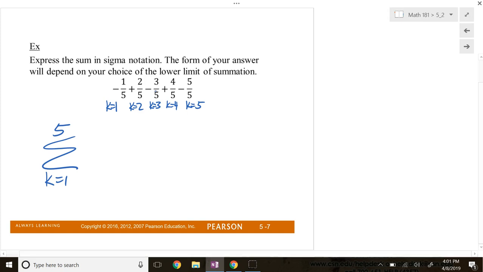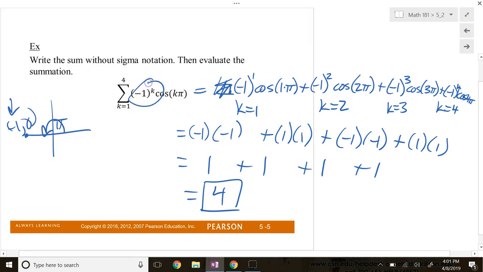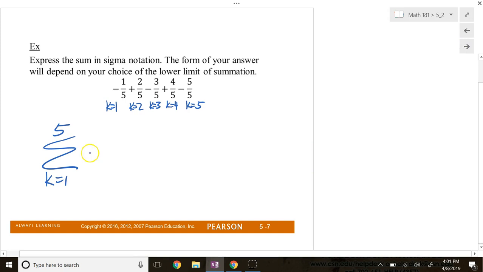So how do you get that thing to alternate? Well, it's kind of like this last one. This part will get it to alternate, the negative 1 to the k. The question is, if you want it to start out negative, you're going to have negative 1 to the k. If you want it to start out positive, then make that negative 1 to the k plus 1. But this one's starting out negative.